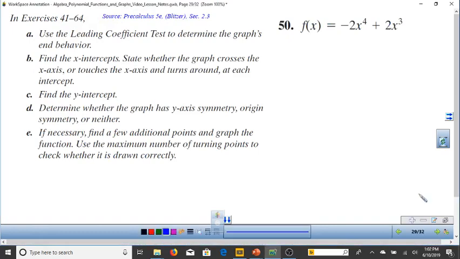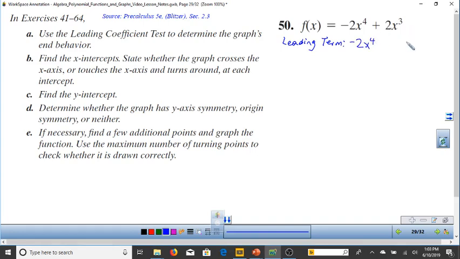Here's another example. f of x equal to negative 2x to the 4 plus 2x cubed. So in this case, the end behavior, the leading term is negative 2x to the 4.